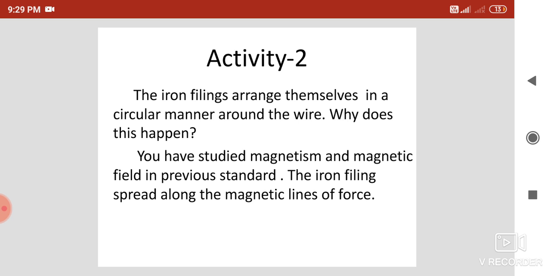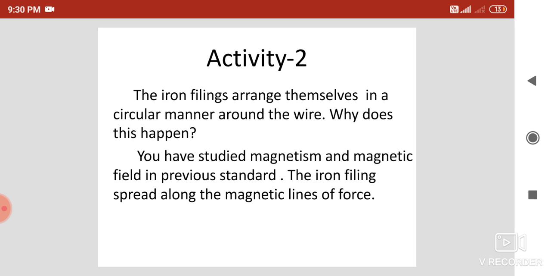Then we can say that these iron filings form the magnetic lines of force. In the previous standard last year, you learned about magnetism and magnetic field. So the iron filings show the magnetic lines of force, arranged around the wire in the form of concentric circles.